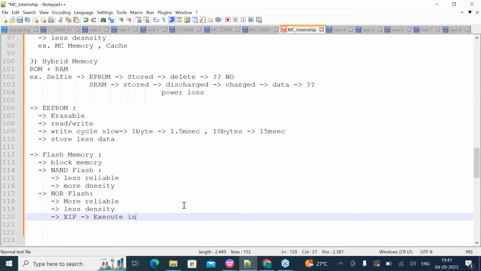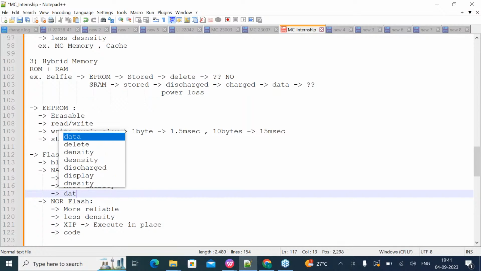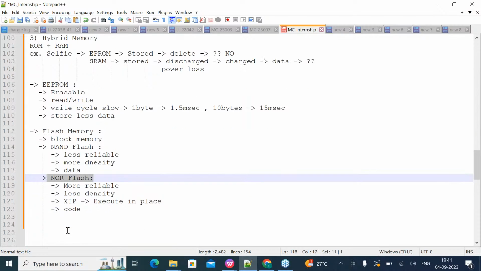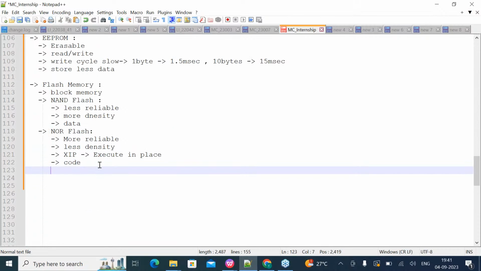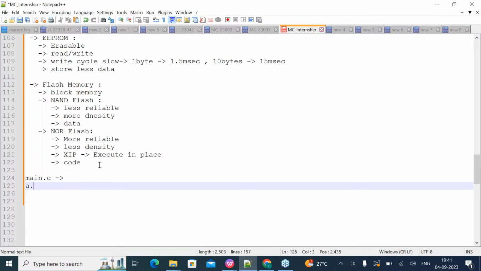Now usually this NOR flash is used for storage of code, and NAND flash is used for the storage of data. So what happens if you store the code in this NOR flash? See, what you have seen until now: you write a C program, let's say in main.c, and that C program is converted into an executable file, let's say a.out.